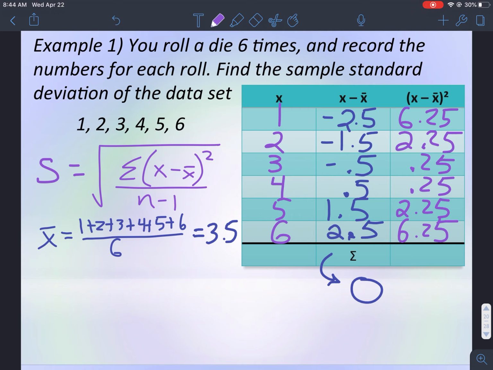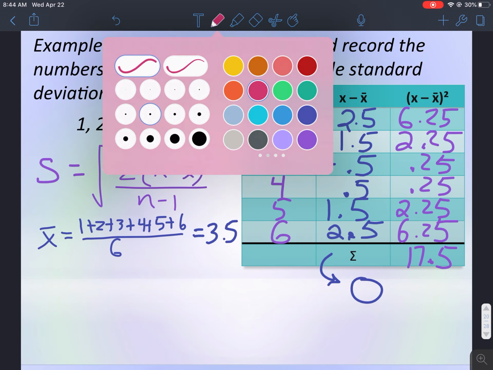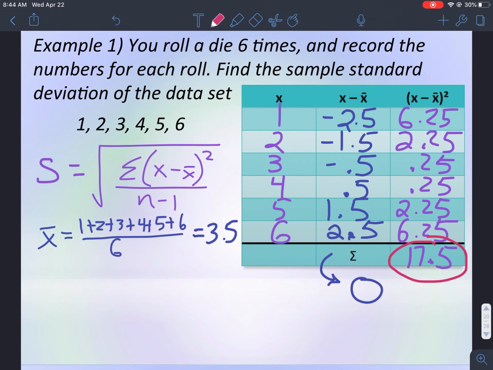Now I'm going to add up that column and get an answer of 17.5. This is a really important number. This is the sum of the squared deviations from the mean. It is also the numerator in our formula.